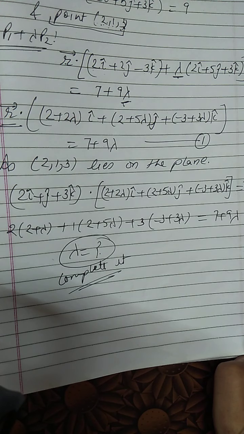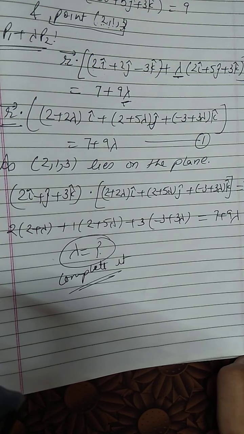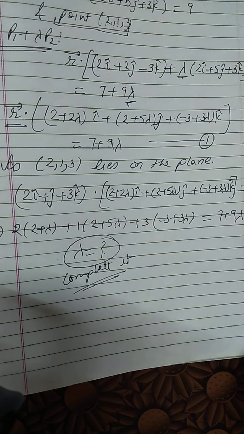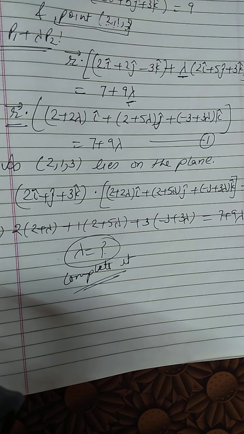You combine the values, and then we use the relationship that if the planes are perpendicular, the dot product of their direction ratios equals 0, and from there we get the value of lambda. You people can do sum number 11, it is an easy sum.